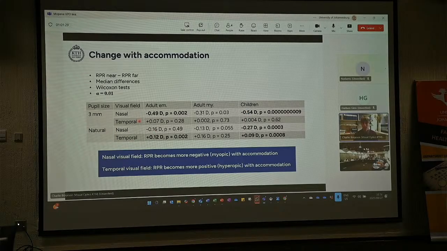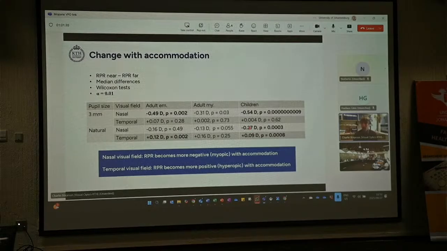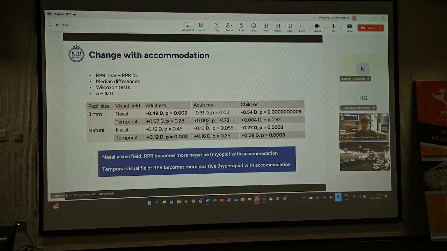The temporal RPR instead became more positive, though it was more distinct for 3 millimeter pupils than natural pupils. So even though not all of these cases separately were significant, we see a clear trend that the nasal visual field becomes more negative, especially for 3 millimeter pupils, and the temporal visual field becomes more positive, especially for 3 millimeter pupils and natural pupils.